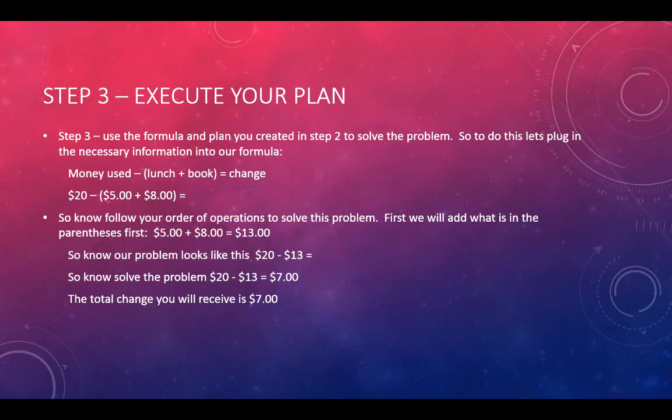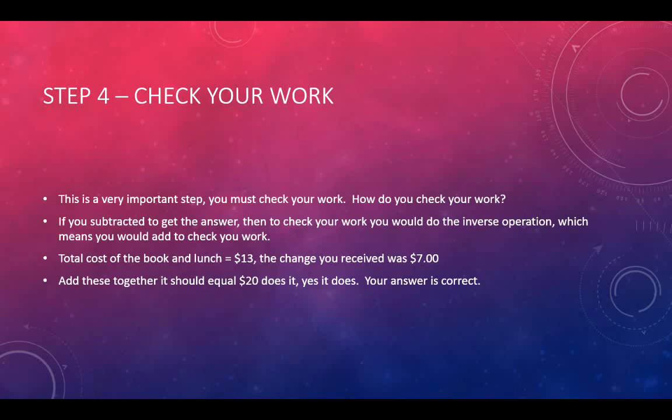So now that we know the answer, we're going to move to step 4, where we're actually going to check our work. This is a very important step that you must do: check your work. So how do you check your work? If you subtracted to get the answer, then to check your work, you would do the inverse operation, which means you would add to check your work.